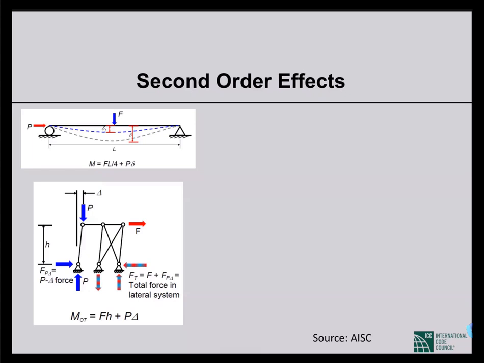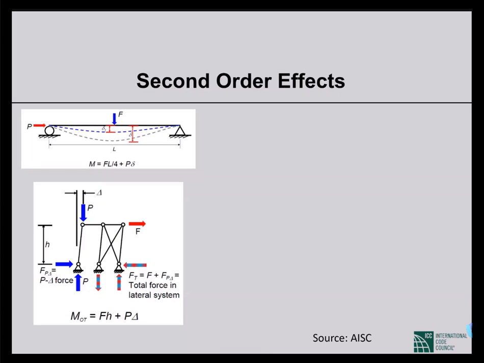But at the global level for the whole structure, for example, the one I'm showing at the bottom of the page, this is a brace frame. Due to the lateral load, the red F at the right side, there is a sway. There is a drift or sway of the frame.